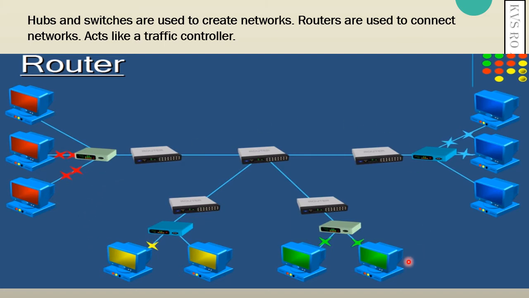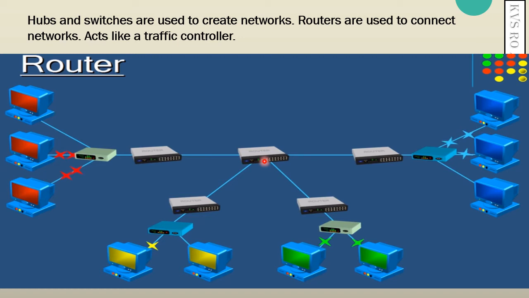So in this diagram, we can see there are 4 networks, 4 LANs, red, yellow, green and blue, through these switches. Again, these switches are connected to 4 routers and all the 4 routers are connected to this router. So this router in between connects all 4 networks.